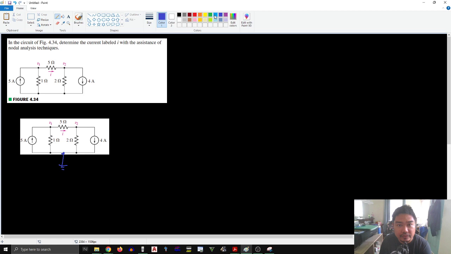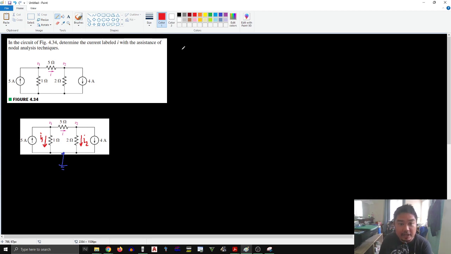Assuming the direction of current, let's say in red, current direction going down. That would be I1, and the other one is I2. So we have I1 and I2, and we assign these directions on the resistors.